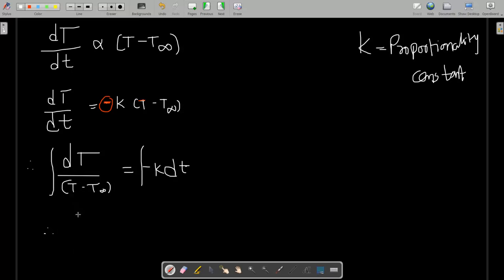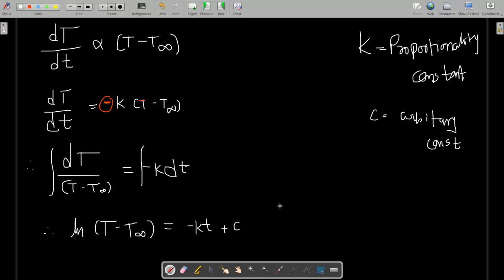This is a function in the form of 1 upon x dx, so we can integrate: ln of T minus T infinity is equal to minus k into t plus c, where c is the integration constant, or you can say the arbitrary constant.